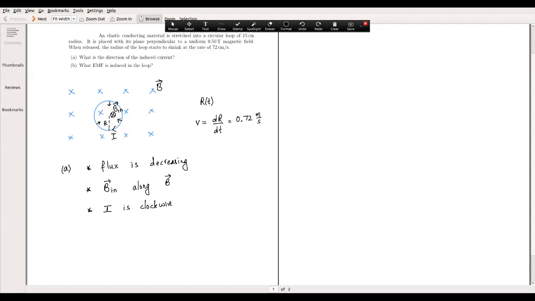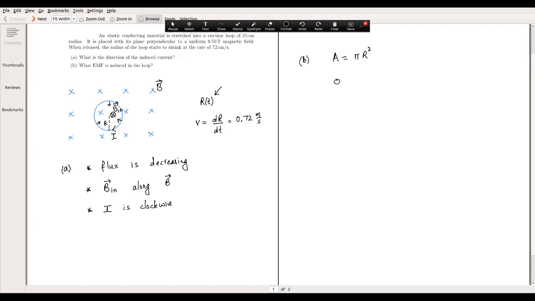In part B, we are asking what is the effective voltage associated with this current. So in part B, we begin by saying that the area A of this loop is, it's a circular loop, so it's pi r squared, where r itself is time dependent. Right? That's the time dependence.